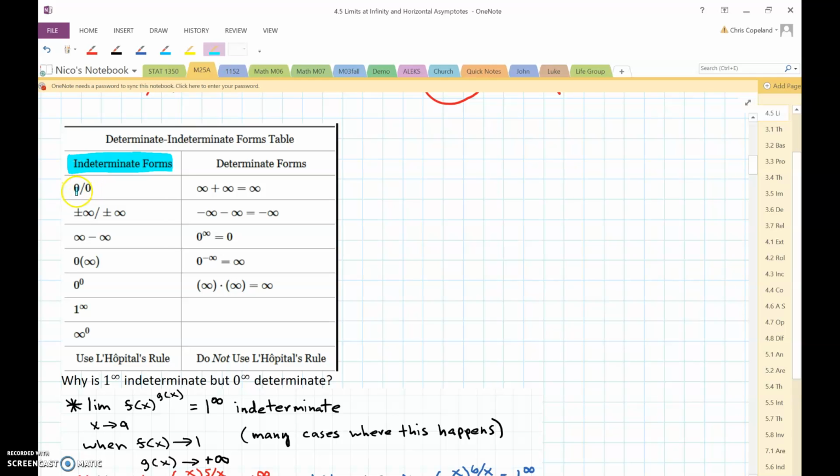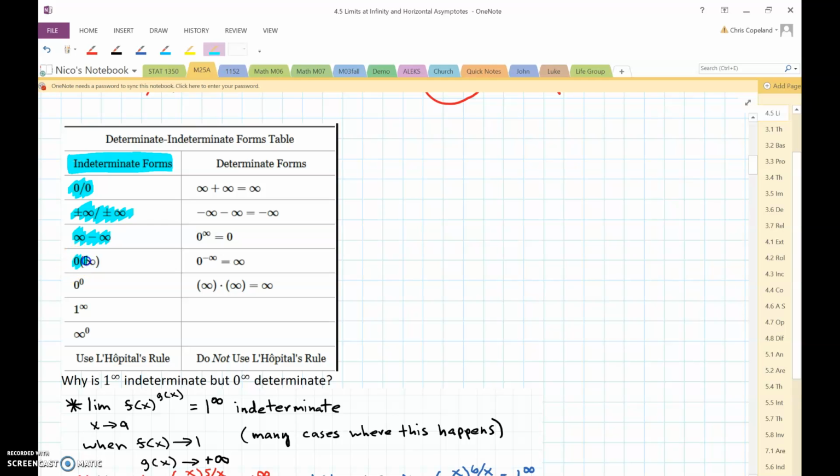If you get 0 over 0, that's indeterminate. If you get positive or negative infinity divided by positive or negative infinity, again, that's indeterminate. If you get infinity divided by infinity, that's indeterminate. You can't determine what the answer would really be.